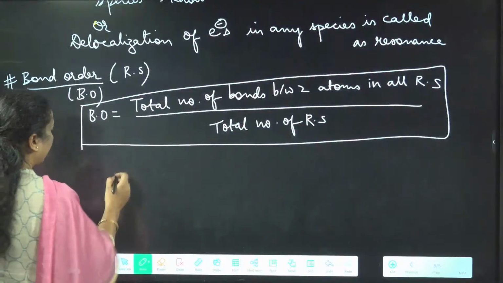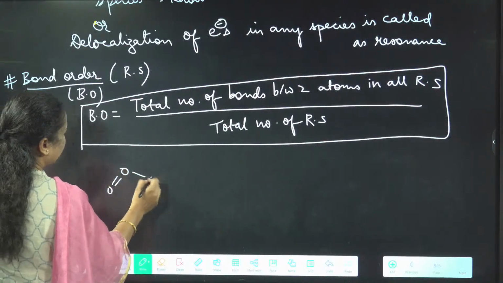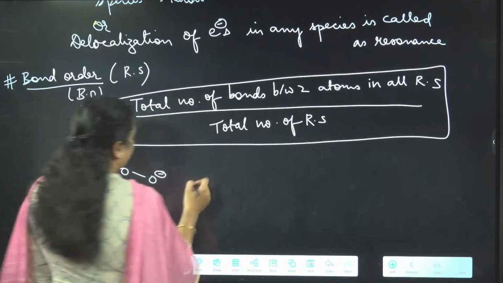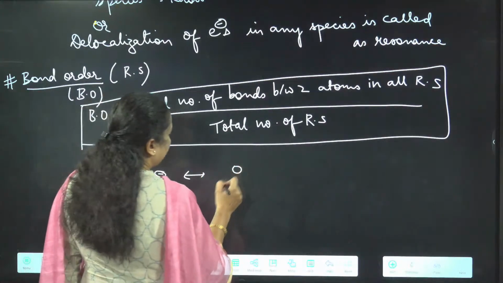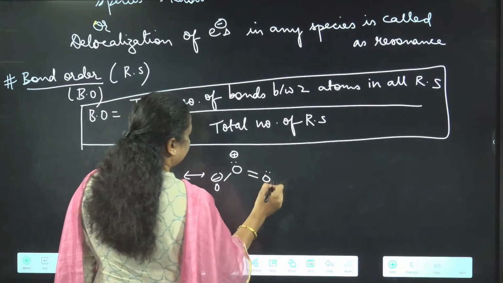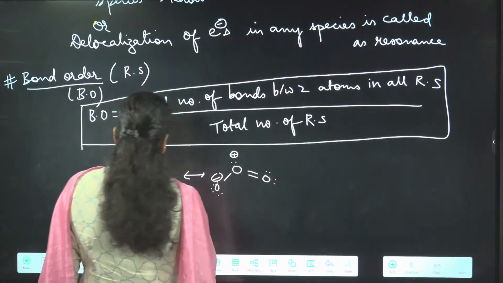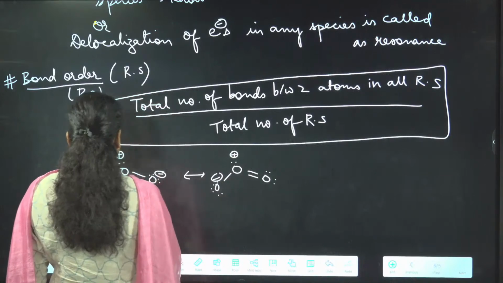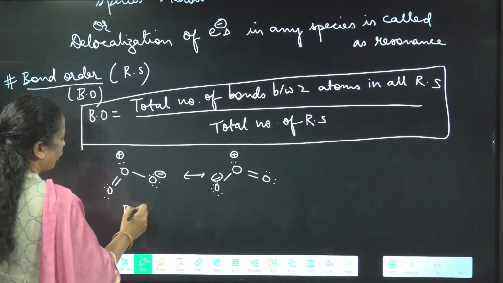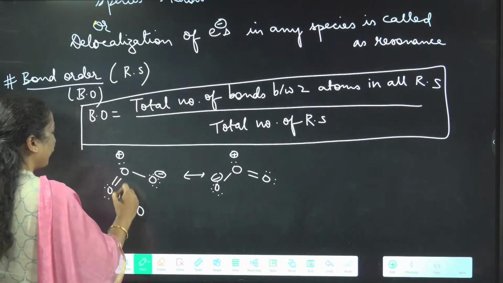So suppose I take O3, you would have drawn something like this, right? Here it is plus. And we have drawn one more structure like this, O minus, double bonded O. Here it is like this. Now if I have to find out the oxygen-oxygen bond order, you fix one of the bonds.